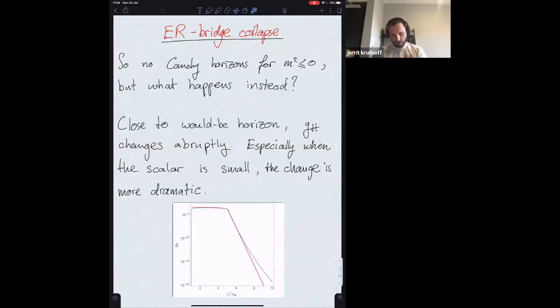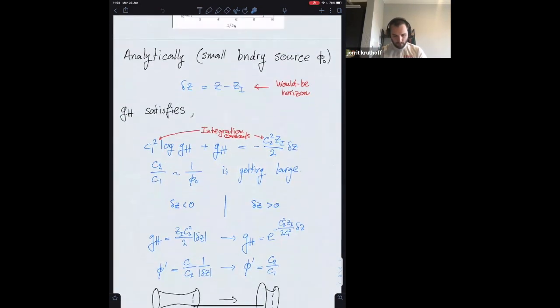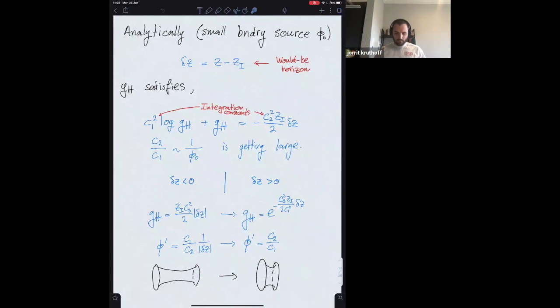And that gave us an analytic handle on the equations of motion. So let me just briefly mention how that worked. We're considering a small boundary source. And another small parameter in the game is the distance from the would-be horizon. I call that ZI, the would-be inner horizon.